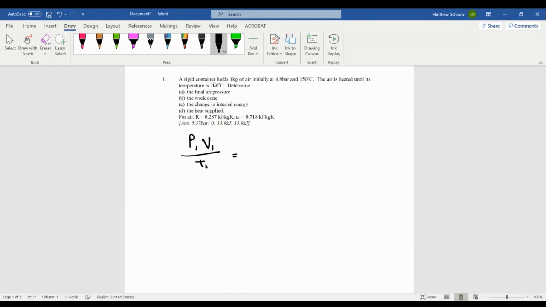This is actually what Mr. Naidu basically said in a different way. But in this case, the volume is constant, right? So there we're just left with P1 over T1 equals P2 over T2. Does it make sense to everyone? Can someone just say yes, please? You guys can talk. Yes, sir. Fantastic. Okay.